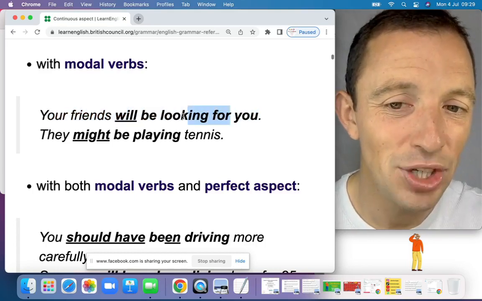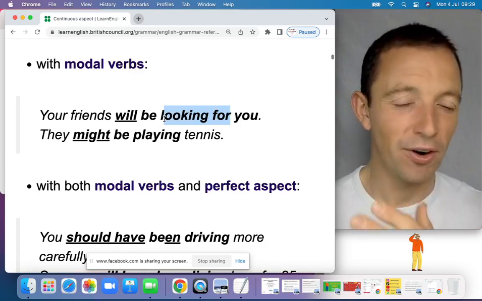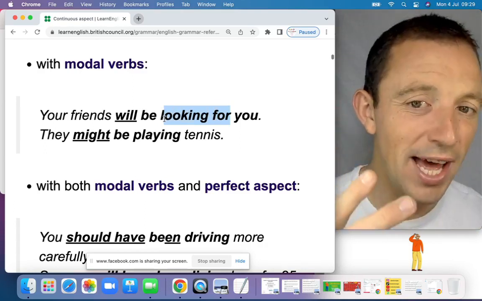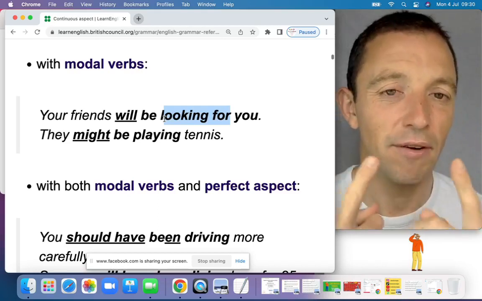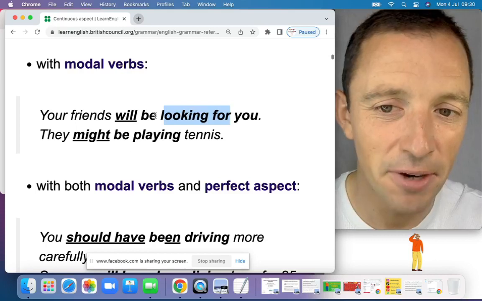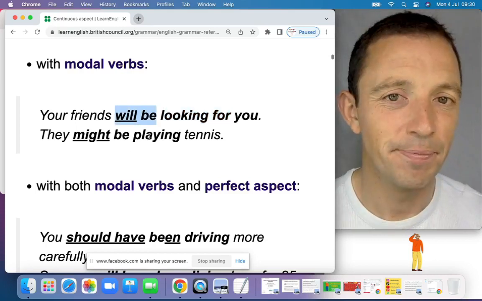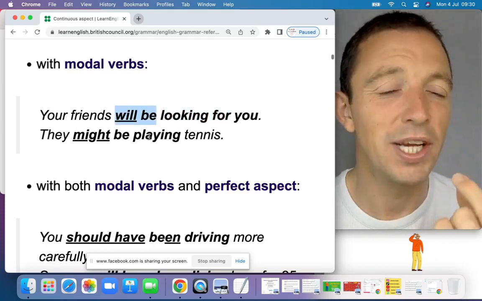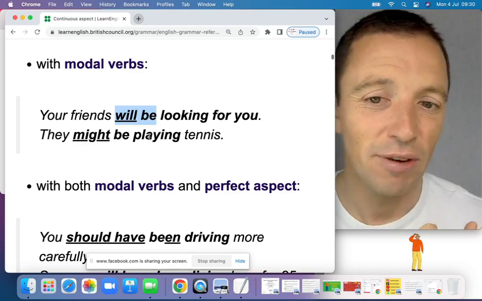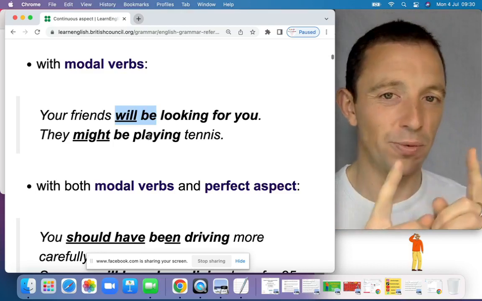The typical preposition with look is look for food, look for accommodation, look for a hotel, look for something, look for preposition. And the verb is to be. In the future tense, will be, plus the gerund, the ing. So your friends will be looking for you.